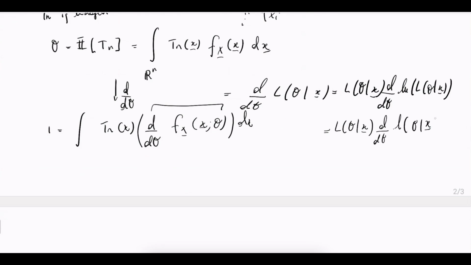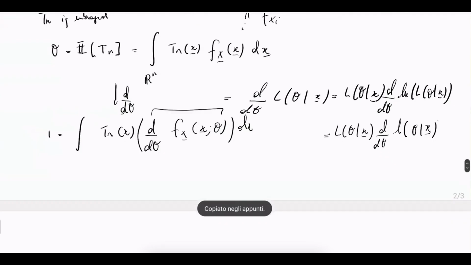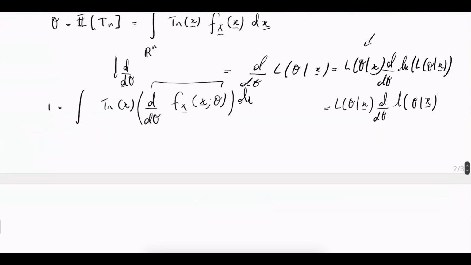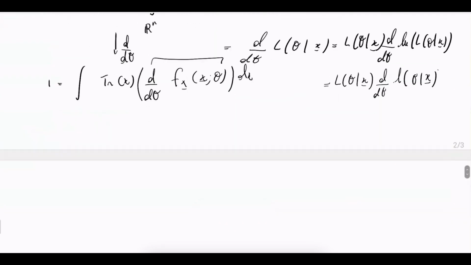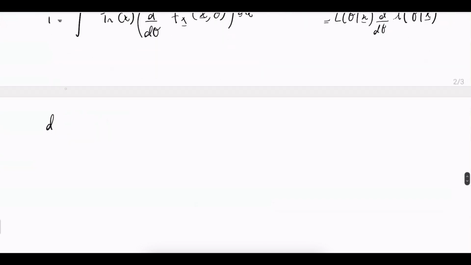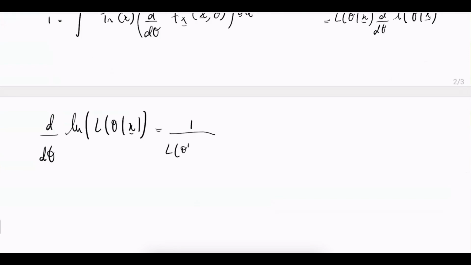Why? Well, this is nothing but the chain rule. If we write here, the derivative of the log of something is equal to 1 over something times the derivative of something, right?